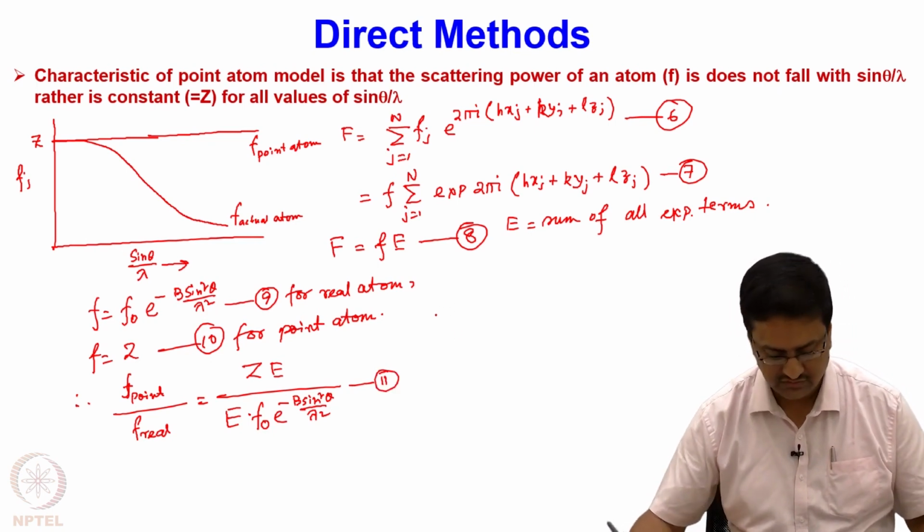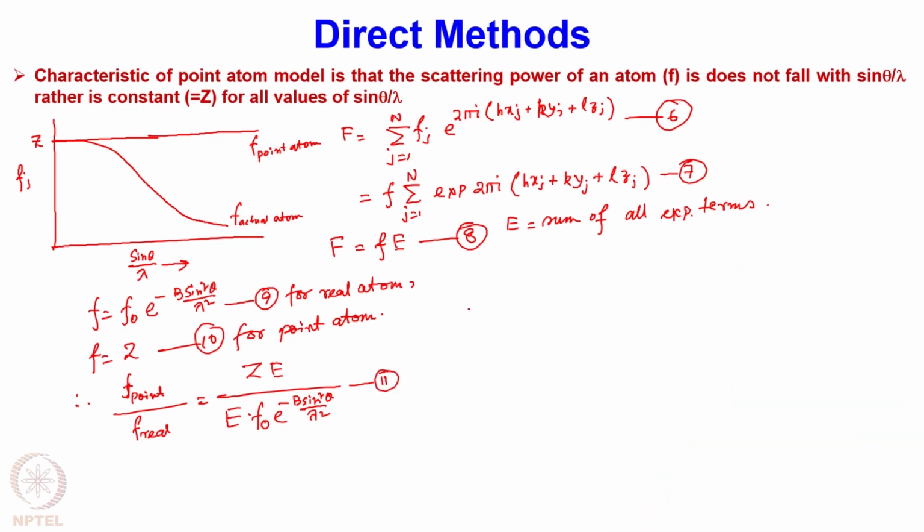So from here we can write that F point is equal to Z by f0 e to the power minus B sin square theta by lambda square into F real. That is my equation number 12.